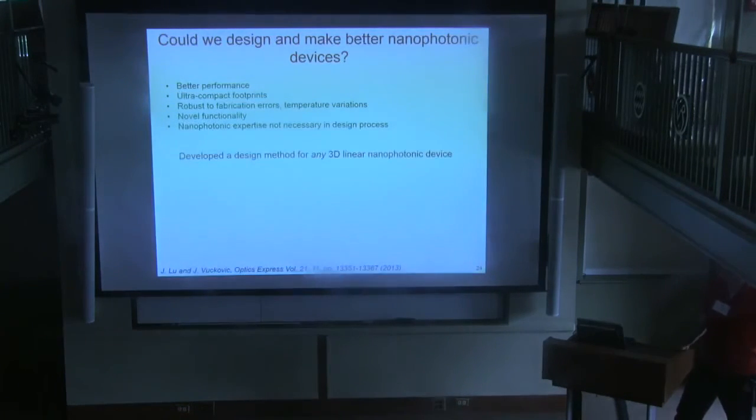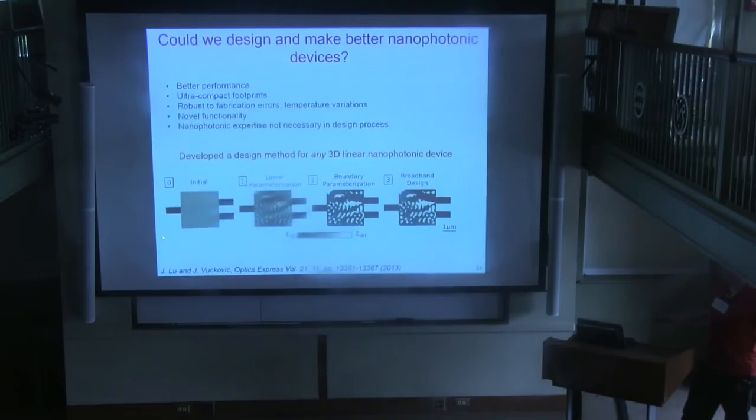So they developed a design algorithm that takes constraints like what can be fabricated into account, and what you do is you only specify your input and output parameters for linear nanophotonic devices, and then let the code completely develop its own structure that does that in the best and most stable way.